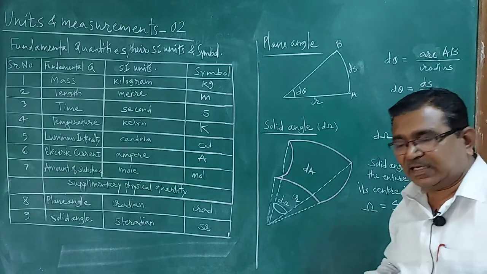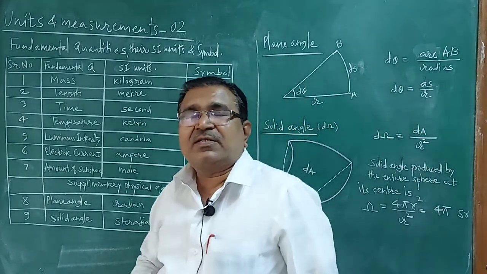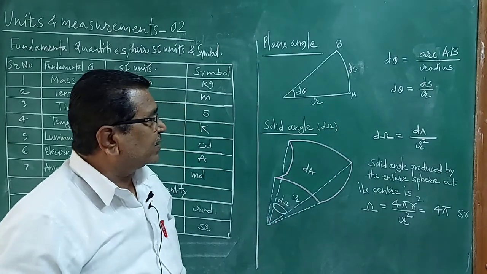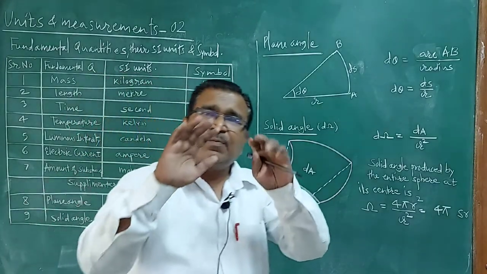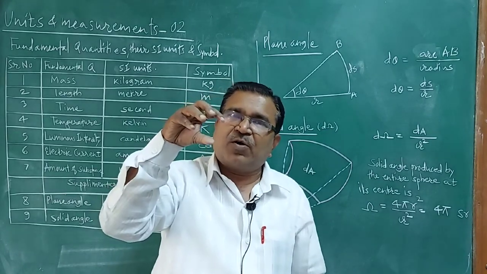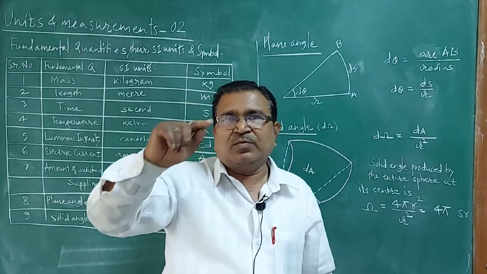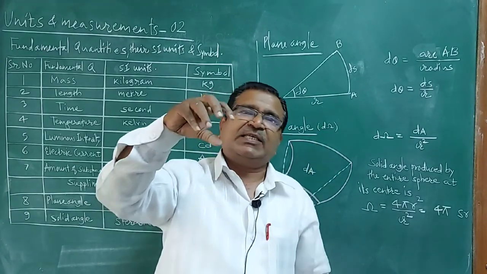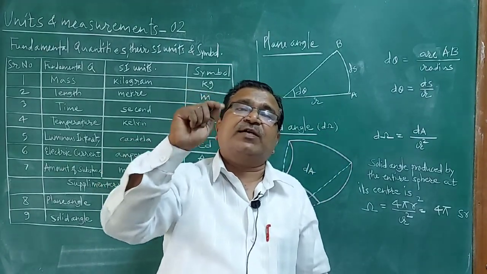Then solid angle. See the diagram of solid angle. This is 3-dimensional geometry. Suppose take an example of a ball, and take one element of the ball. That ball consists of many sections on the surface. Take one section, that one section we call an element.